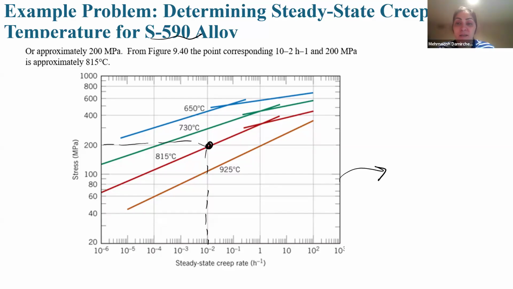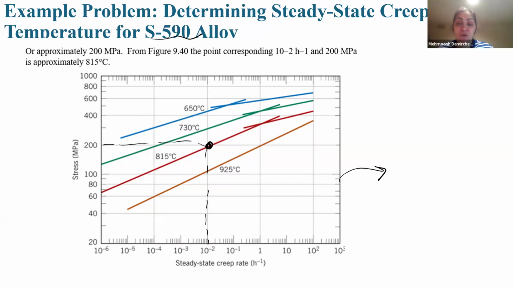To summarize, creep is a critical factor in high temperature applications and occurs in three stages: primary, steady state, and tertiary. The steady state creep rate increases with both temperature and applied stress. And the Larson-Miller parameter allows us to predict long-term rupture without waiting years for experimental data, because it takes much time.